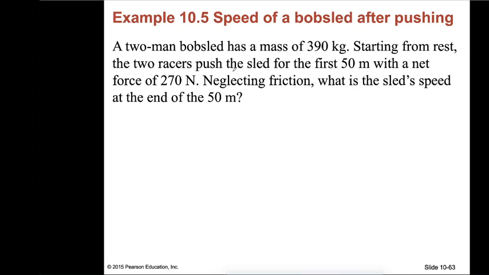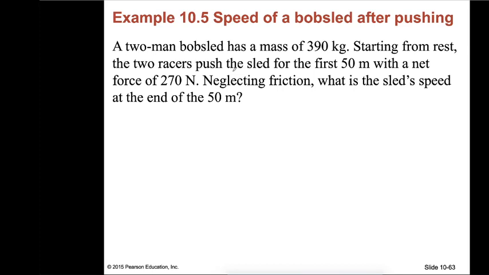Okay. Now the two men are pushing the sled, which is doing some work. We have learned the change of energy is the work.